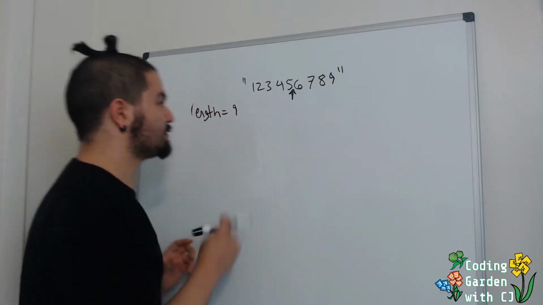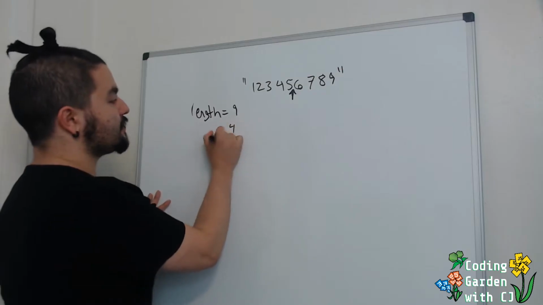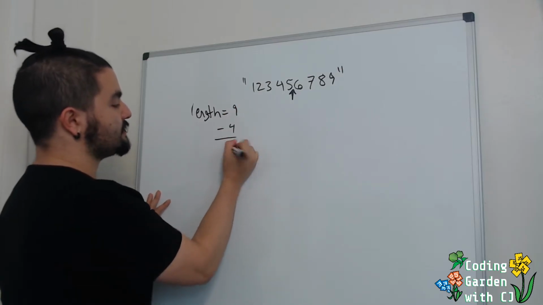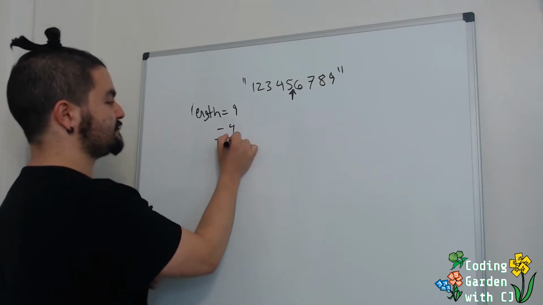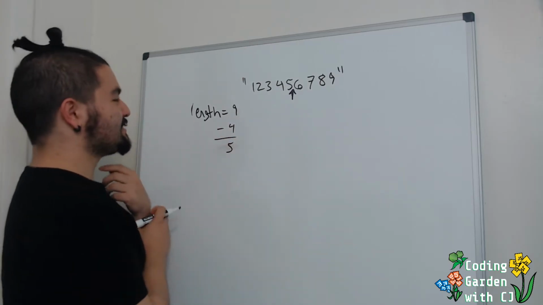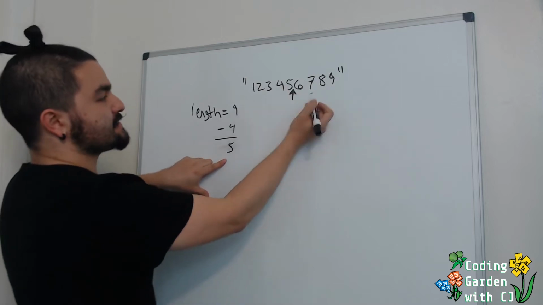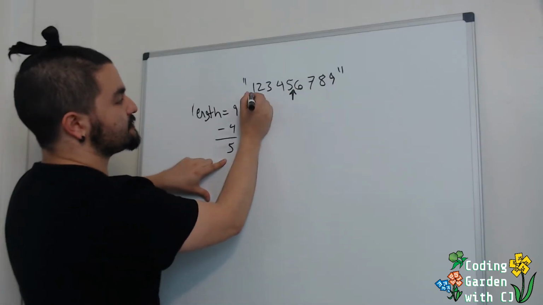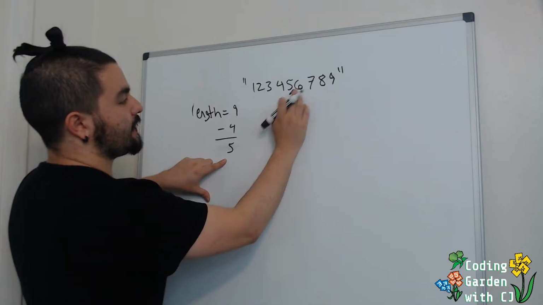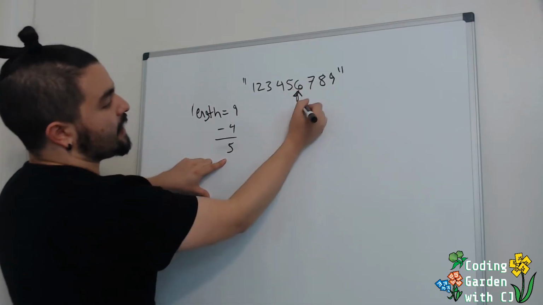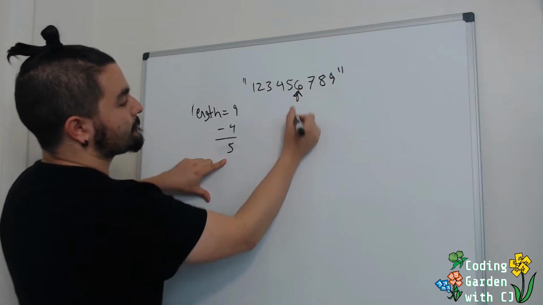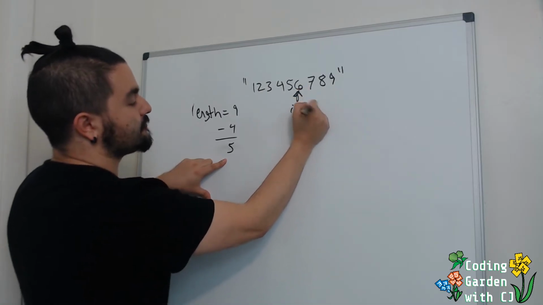Length minus 4. So 9 minus 4 would give us 5. I can do math, I think. So if we go to 0, 1, 2, 3, 4, 5, that's pointing at 6, and this is i equals 5.